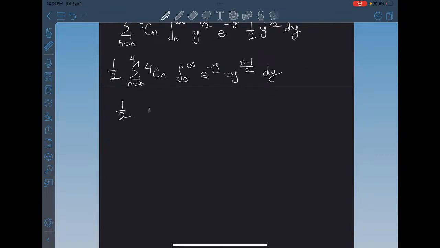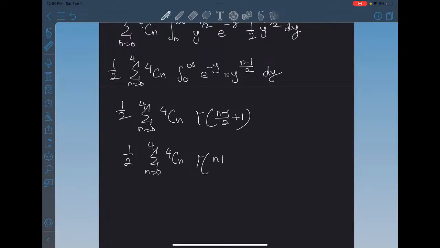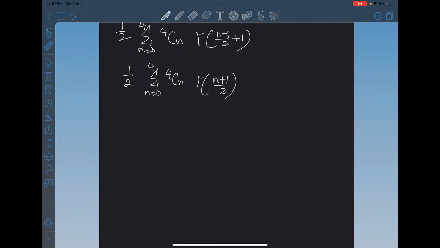Now this is just gamma of this expression plus 1, right? So 1 by 2, sum from n equals 0 to 4, 4Cn, gamma of (n plus 1) over 2, right?